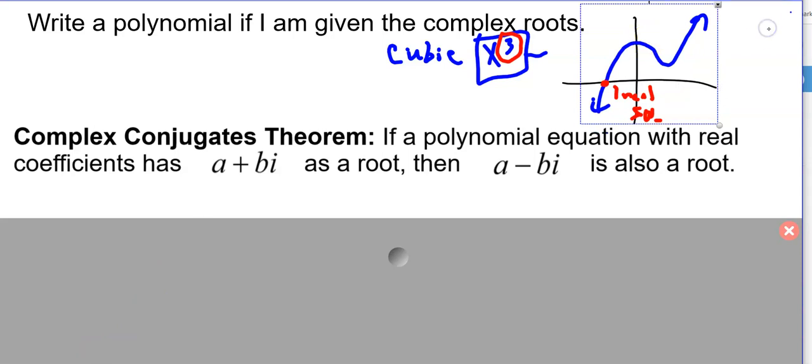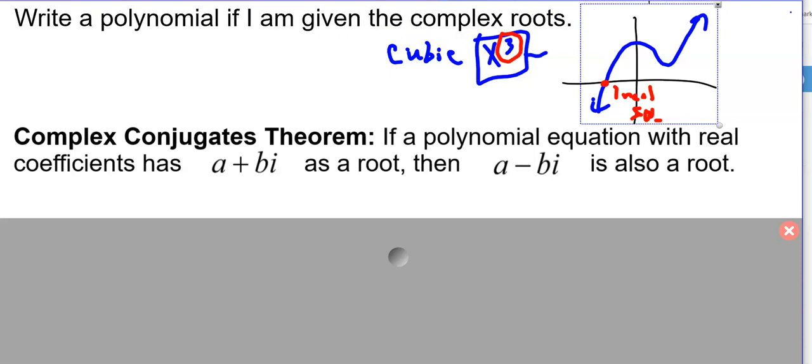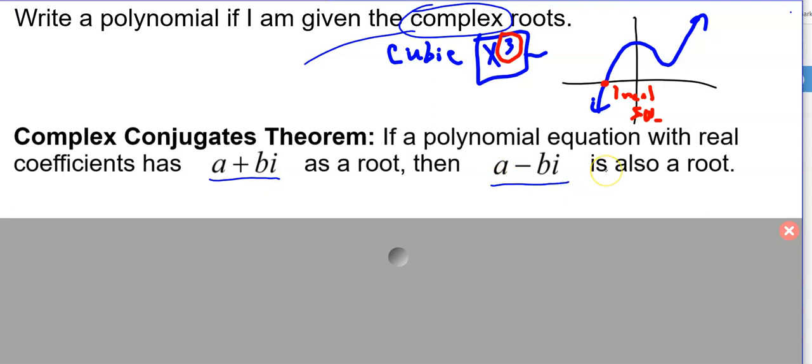So the other two solutions must be imaginary. And what's interesting about complex or imaginary roots is that they always, always, always come in pairs. This is what the complex conjugate theorem basically says. If a polynomial equation with real coefficients has one imaginary root, there must be a partner, another imaginary root that's almost like it.